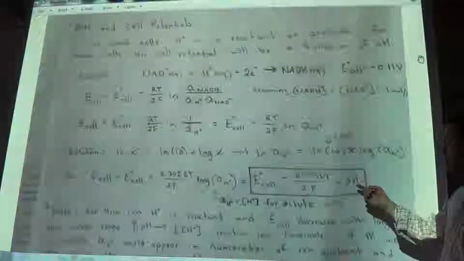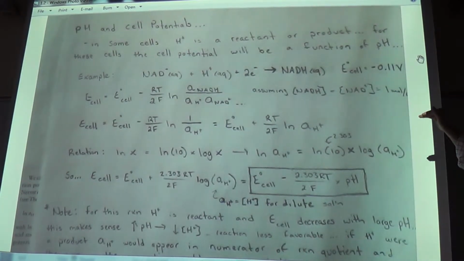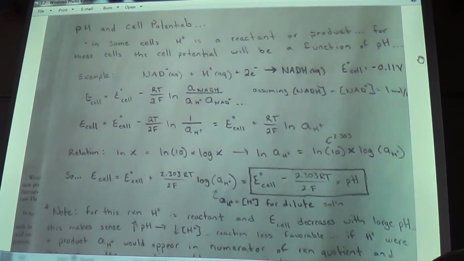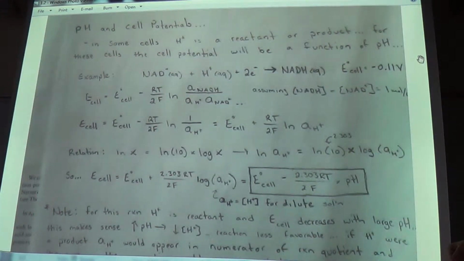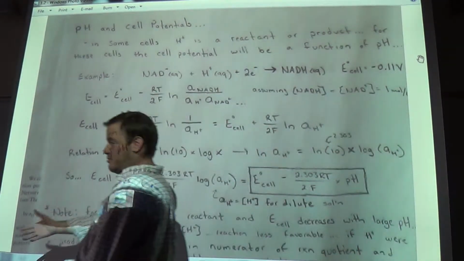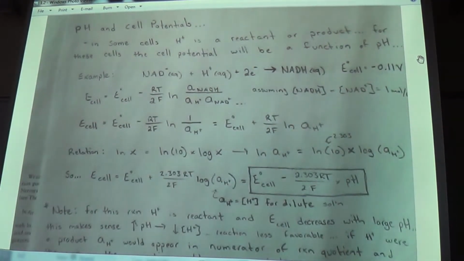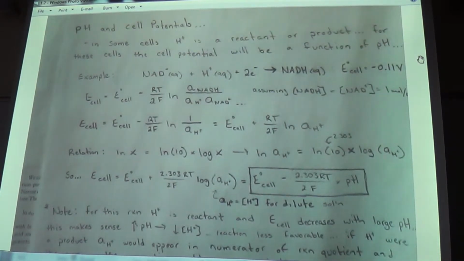And so if pH is high, that indicates that there's a low concentration of H plus. If pH is low, that indicates that there's a high concentration of H plus. If H plus is a reactant, we expect the reaction to be more favorable with increased concentrations of H plus. With decreased concentrations of H plus, if H plus is a reactant, we expect the reaction to be less favorable.